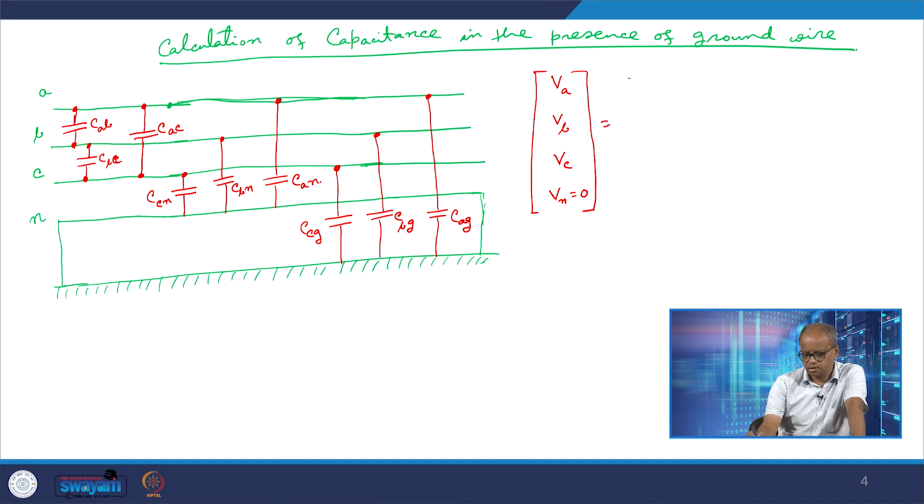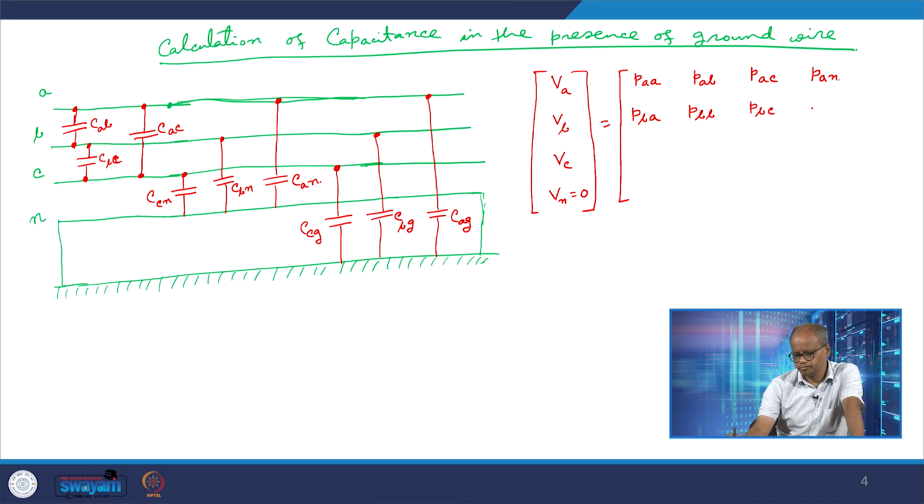So we can write down the P matrix: PAA, PAB, PAC, PAN, PBA, PBB, PCA, and PNA.